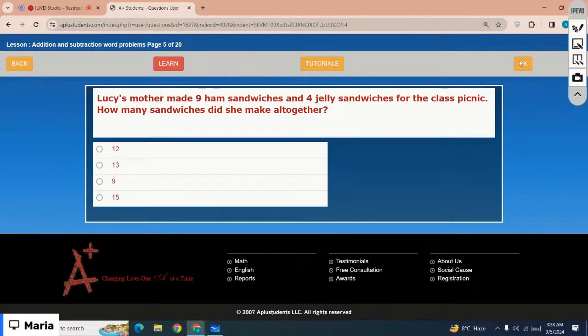You have to add 9 plus 4, so 9 plus 4 makes 13. Yes, that is 13. The correct option is 13.